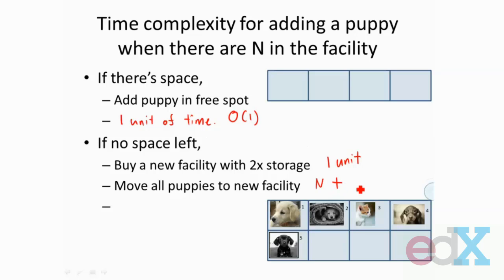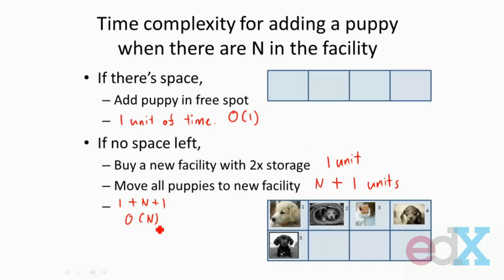And then it takes 1 additional unit of time because he had 1 new puppy. So in total, this took 1 plus n plus 1 units of time. Or in big O notation, that's the same thing as saying big O of n, because the little ones there don't really matter. So this is telling us that in the worst case, when there's no spaces left, when he adds a puppy, it's going to take big O of n time to add a new puppy.